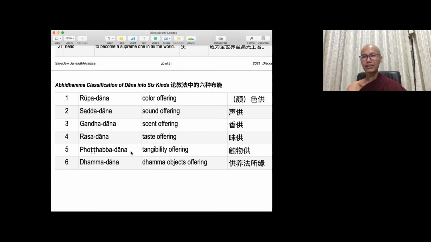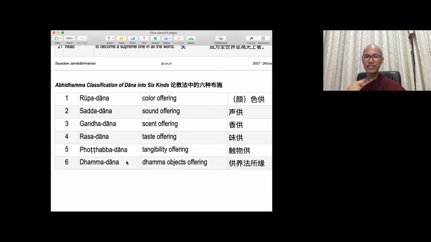Dharma Dana, Dharma object offering. Dharma in this case, we may translate as phenomena. Phenomena covers all, even color, sound, scent, taste, tangibility. But in the Pali grammar way, it is taken as the other things except the previous ones.